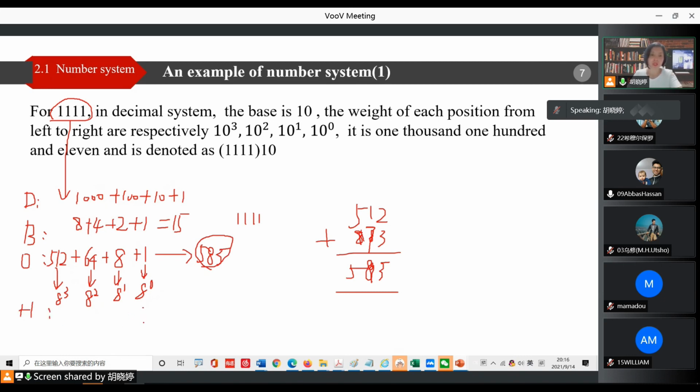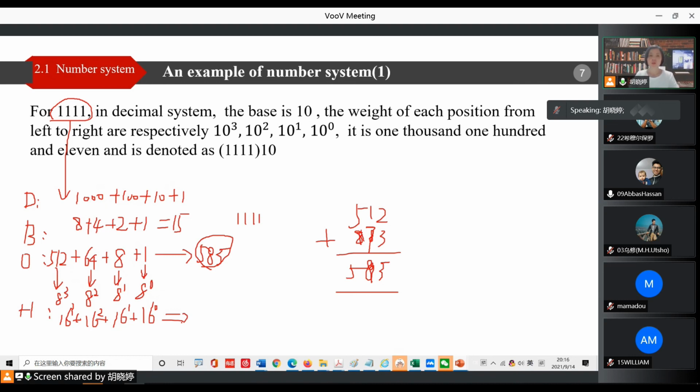For hexadecimal, 1111 will represent 16 to the power of 0, 1, 2, and 3, added together, and you will get its corresponding decimal number.